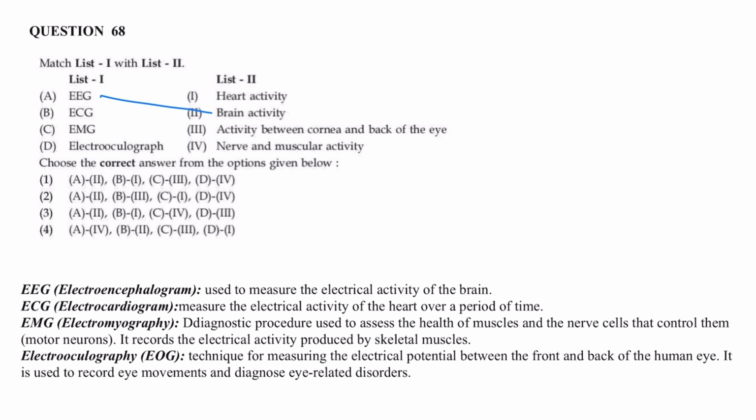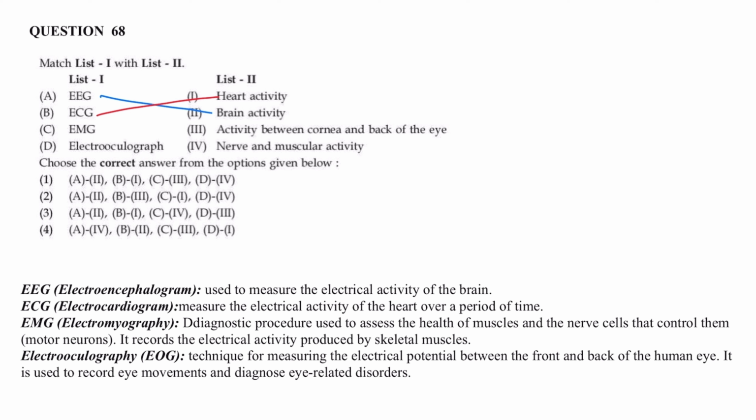Next, EMG, electromyography, a diagnostic procedure used to assess the health of muscles and the nerve cells that control the muscles. It records the electrical activity produced by skeletal muscles, nerve and muscular activity.